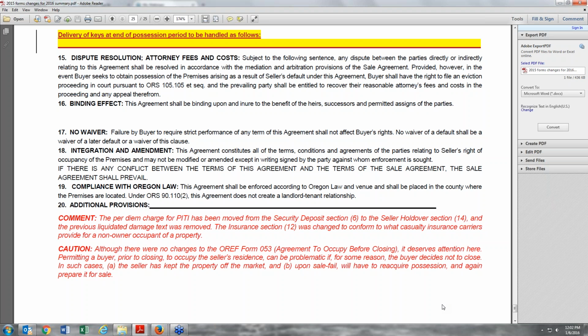Very, very important. The consequence of using a high interest rate loan is that I think it's within 24 months, don't hold me to this, that the buyer can cancel the transaction and get all of their interest back. It's a pretty heavy consequence. So you want to make sure that your client, if they're going to do something like that as a seller, has vetted that with their own attorney.